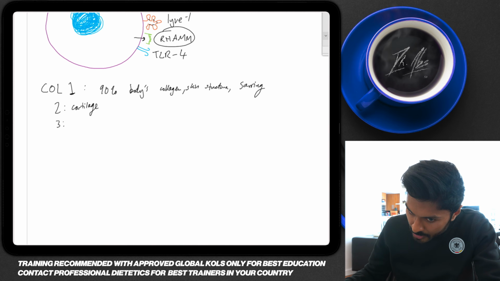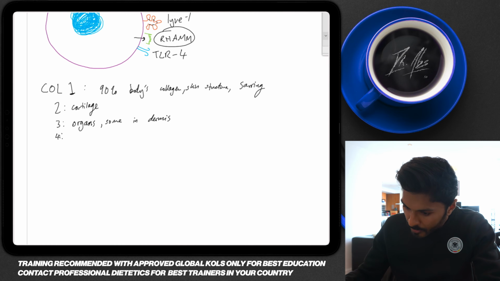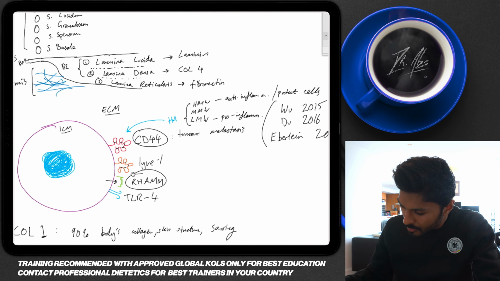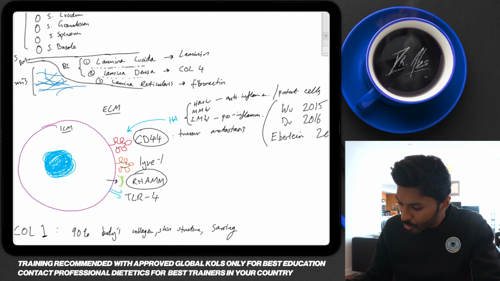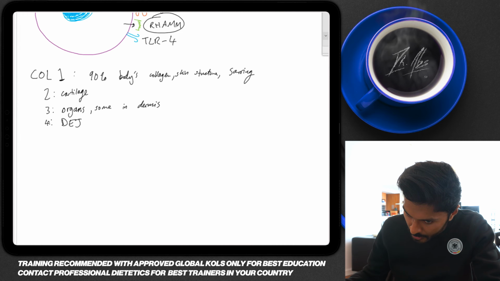Collagen type 3, that's mainly actually found in organs inside the body, sort of hollow organs, things like that. There is some in the dermis, like I've just drawn. Collagen type 4, as we've shown here, it's a crucial part in the dermo-epidermal junction, okay?